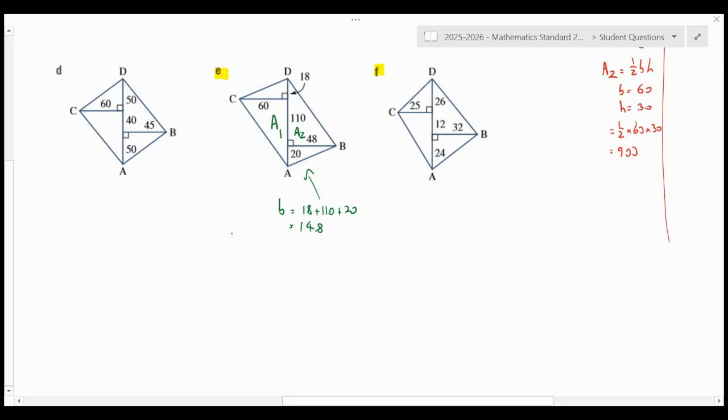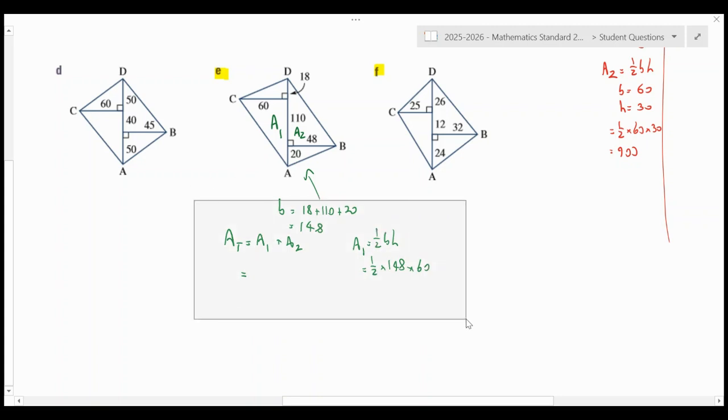So my area total is going to equal A1 plus A2. This time I'm going to do area 1, which is going to be half base times height. And I'm going to work it out here, which is a half times my base, as I've just worked out, is 148. And my height in this one is 60.